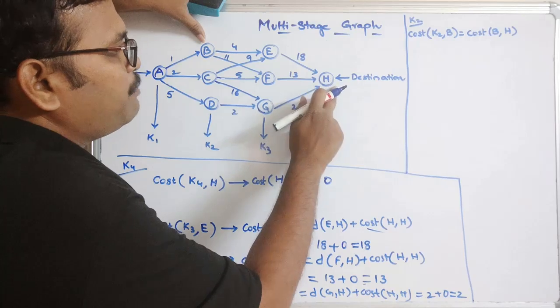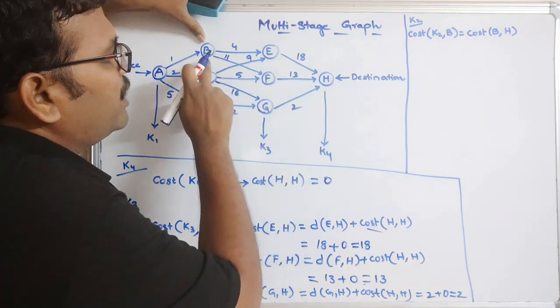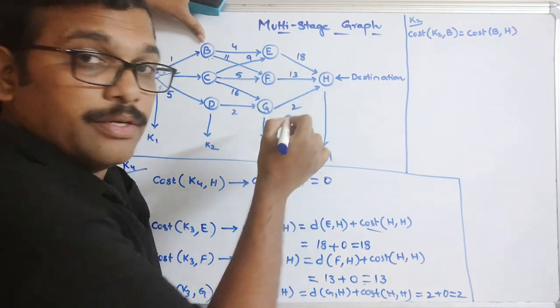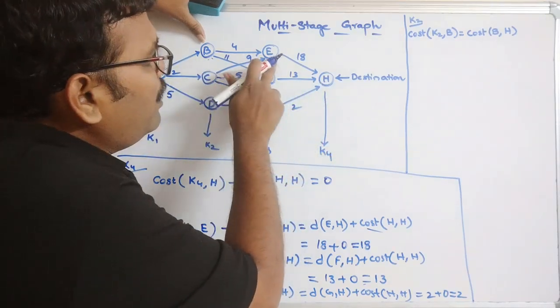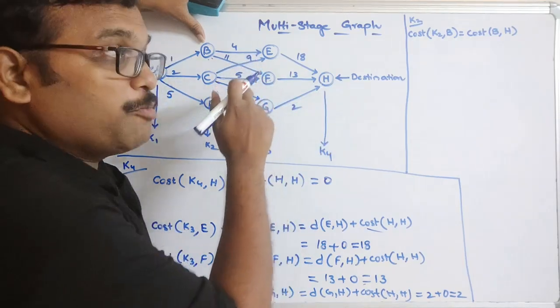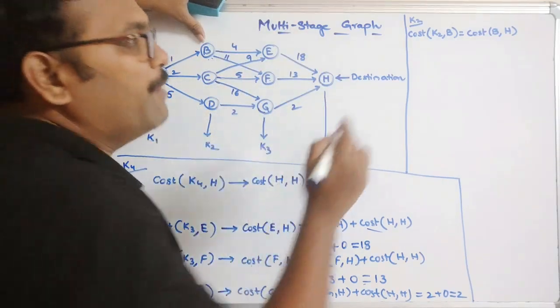So B to H means there are different possibilities: B to E, E to H, B to F, F to H. So there are multiple possibilities. Here we need to find out the minimum.